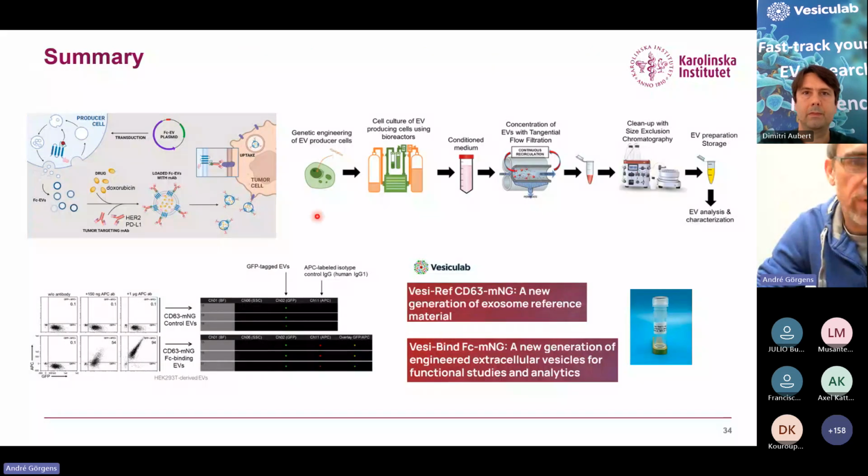To quickly summarize, we showed you that Fc-EVs are really cool to target and deliver drugs to tumors, and are probably a versatile tool to use in many other contexts, as Oskar showed. I showed you that to set up an EV production process, it's incredibly useful to have reference EVs and good analytics in general.